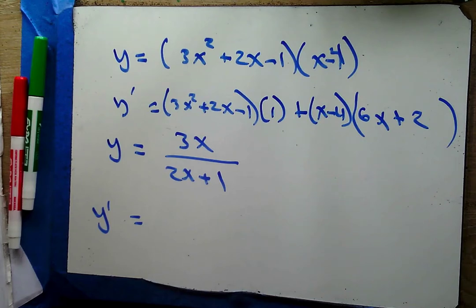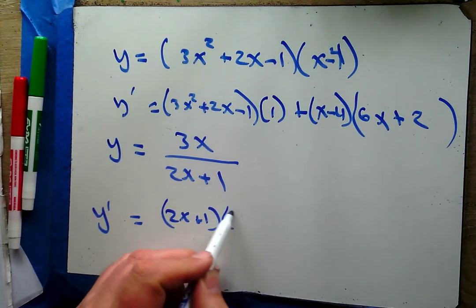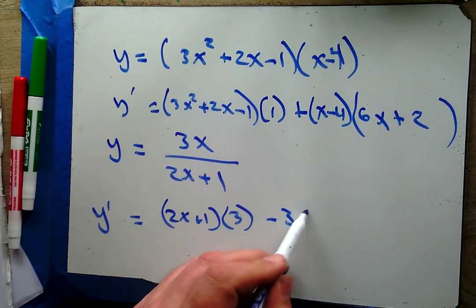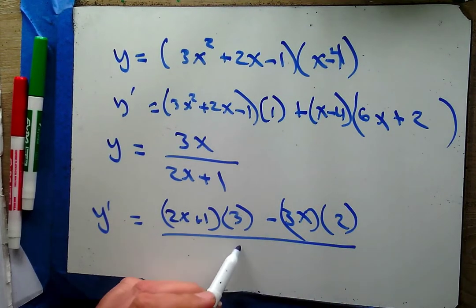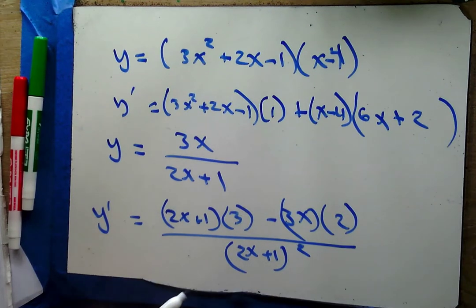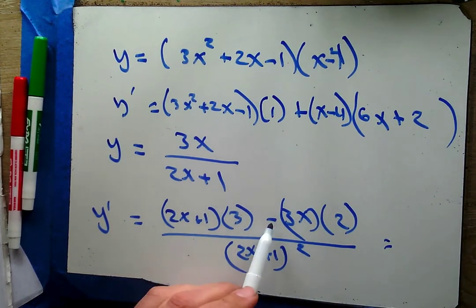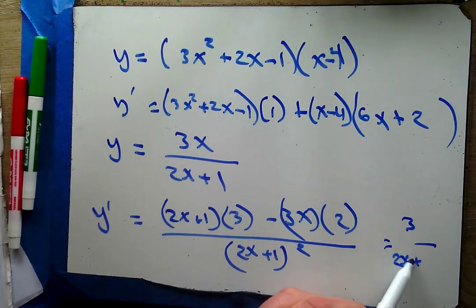Okay, so low d high minus high d low over low squared. So that's going to be 6x, that's going to be 6x, that's a minus, there's plus 3, so it tidies up to 2x plus 1 squared.